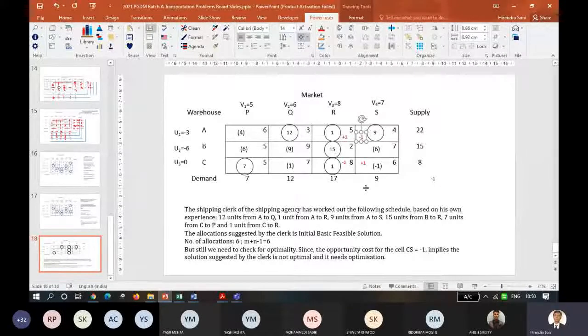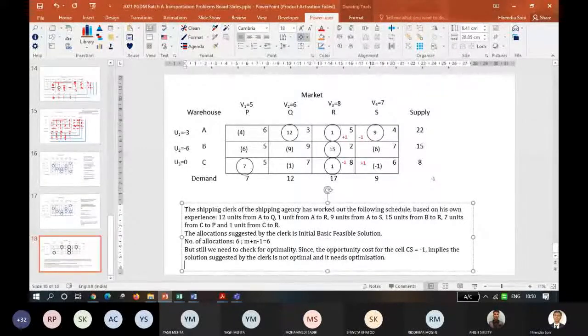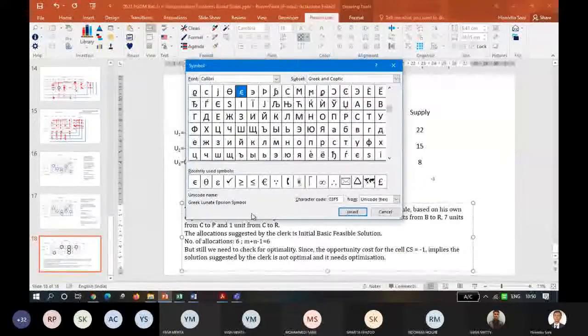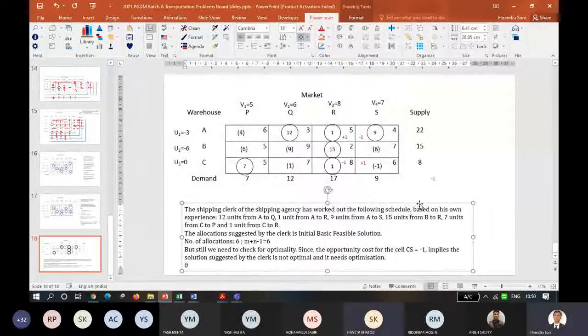Is our loop complete? Yes, sir. Okay. What will be the theta value? 1. Theta would be 1. तो क्या होगा? अब अपना रीएडजस्टमेंट्स होगा, करेक्ट?